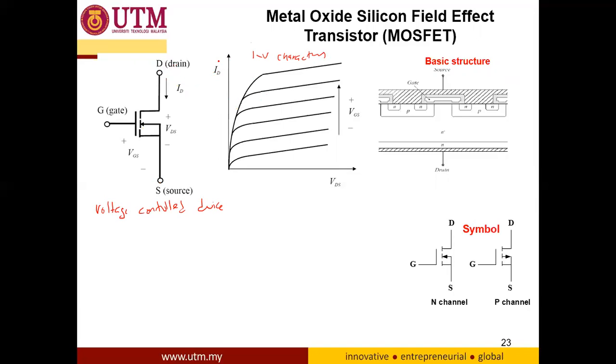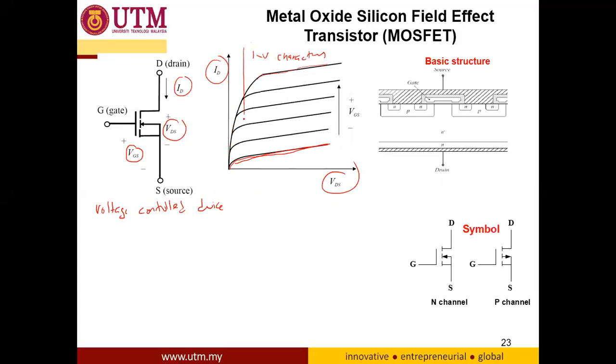You can see that we plot the ID versus the VDS here, and the control comes from VGS. So the output IV characteristic depends on how much value of VGS is applied. If you have a lower VGS value, we will have this characteristic. But when you increase the VGS, you will have this characteristic.